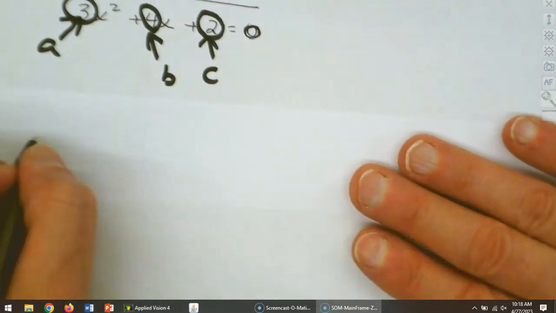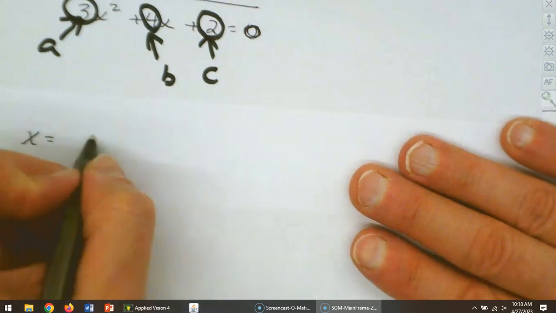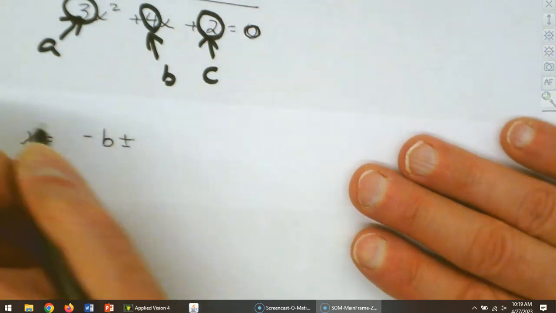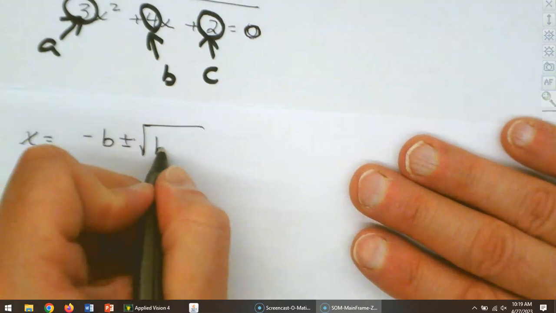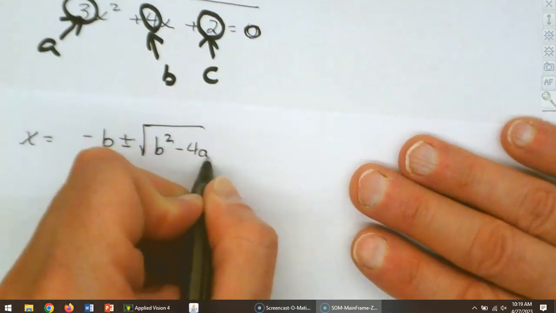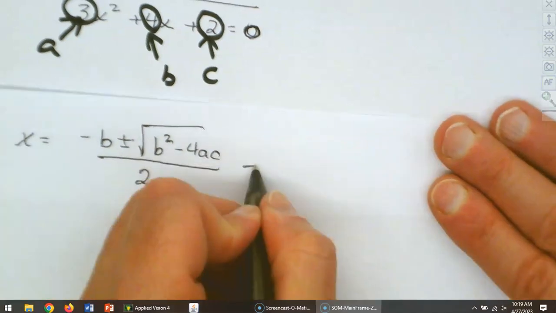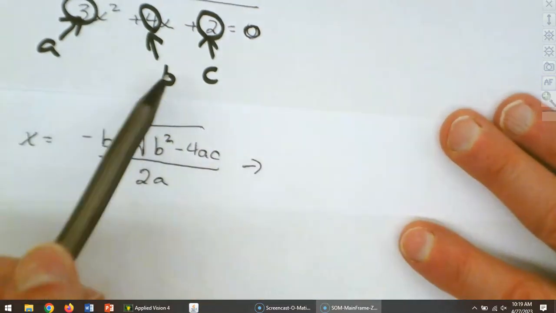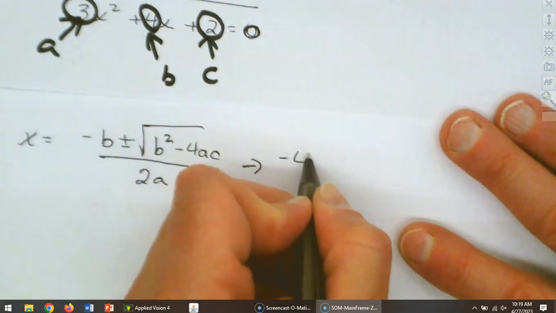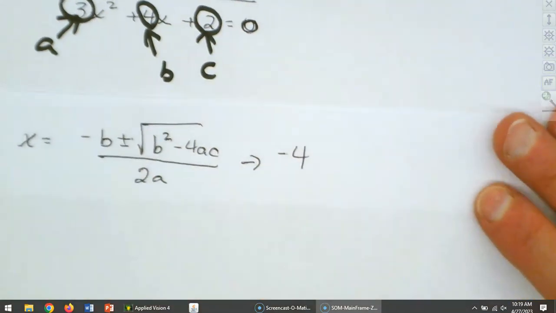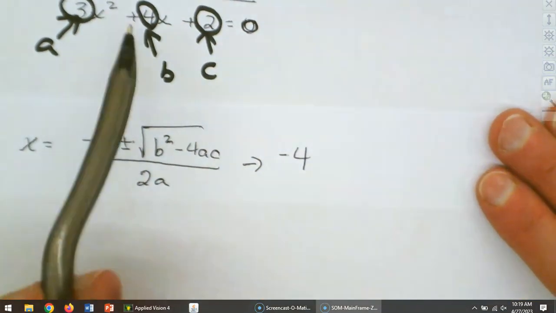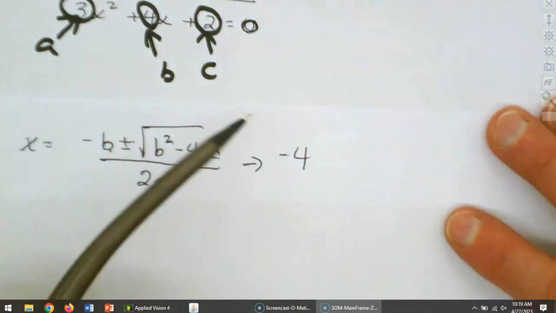So when we write up our formula, we have x equals negative b plus or minus the square root of b squared minus 4ac all over 2a. Plug in your values. B was 4, so that's going to be a negative 4. It's positive 4, so plug it in as a negative 4 here.